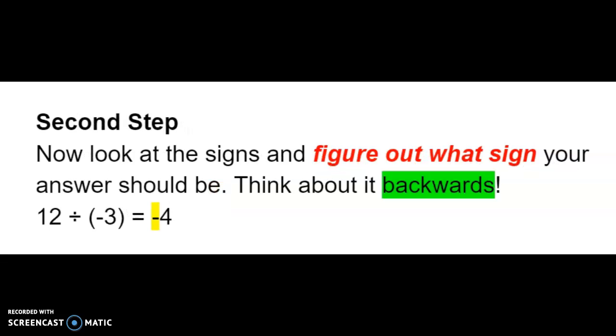Easy. The second step is looking at the signs, figuring out what sign should go in the answer, thinking about it backwards. Thinking about 12, a positive, divided by a negative would give us a negative. Let's move on to step 3.